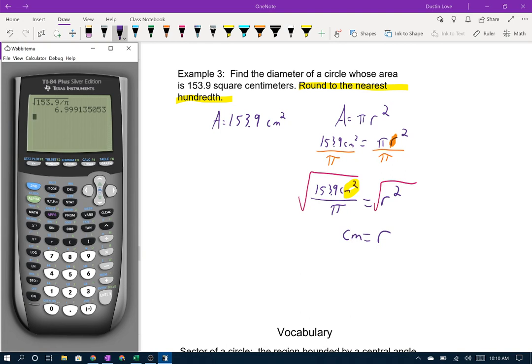So what that tells me is that my radius here is equal to 6.999. Now we're rounding to the nearest hundredth, so that's going to round up to 7.00 centimeters. Also be careful here because it's asking us to find the diameter. So if the radius is 7 centimeters, then the diameter is 14 centimeters.